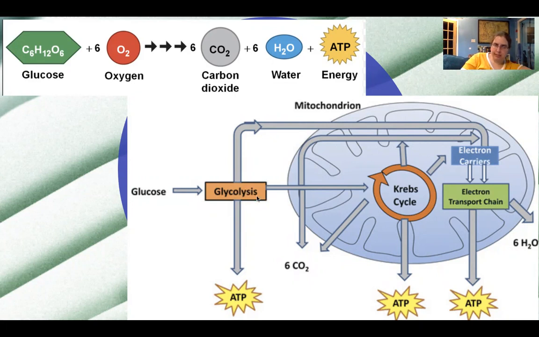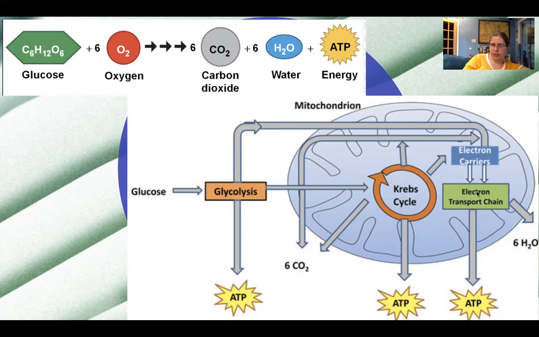The pyruvates that are made as a result of glycolysis go into the mitochondria and enter the Krebs cycle. The Krebs cycle is going to make carbon dioxide, all the carbon dioxide is made here, and make 2 more ATP, and it's going to make some electron carriers.